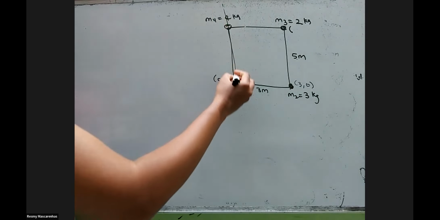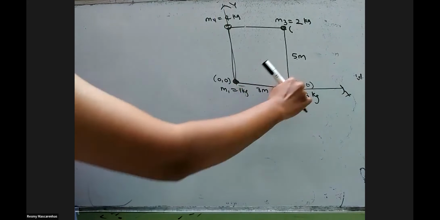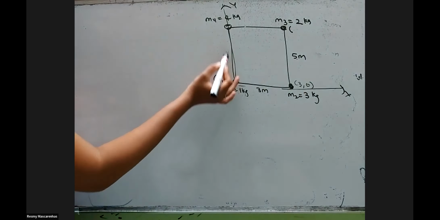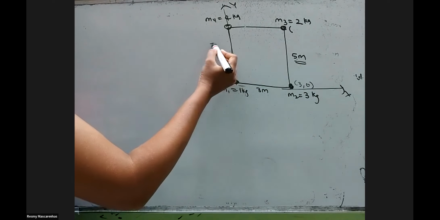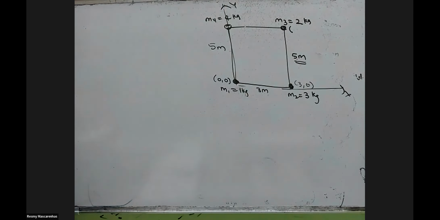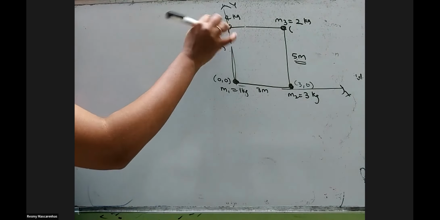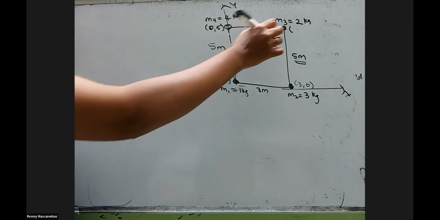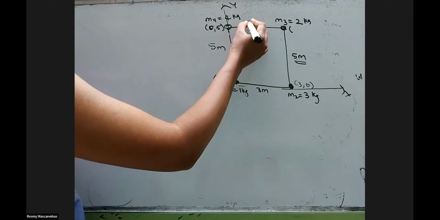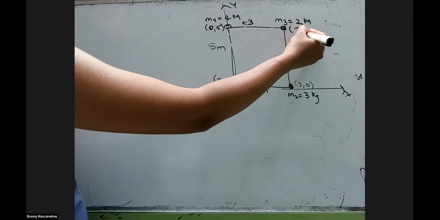This is not even on the x-axis as well as y-axis. Now how much is this distance? Same as this, because the rectangle. If this is 5 means this will also be 5. Parallel line. So 0, 5. On the y-axis, x part will always be 0. This distance, x is 3 and y is 5. This will be 3, 5.